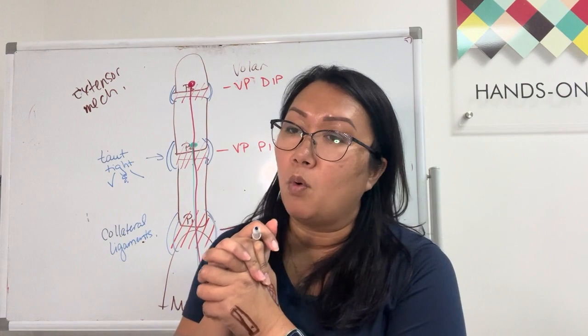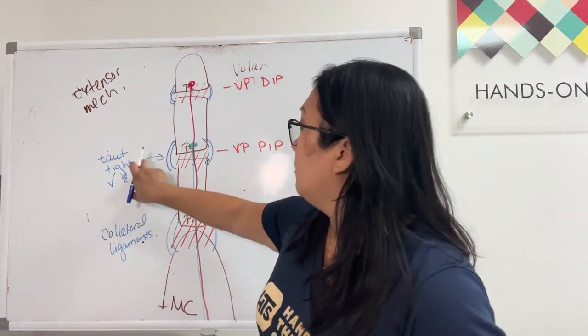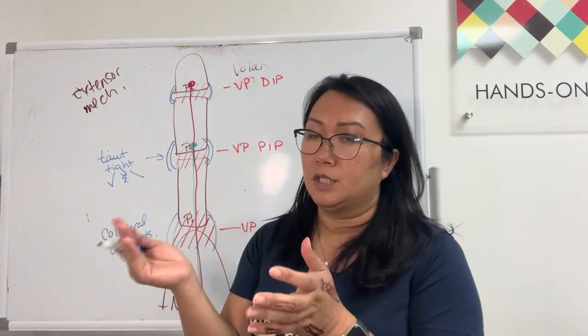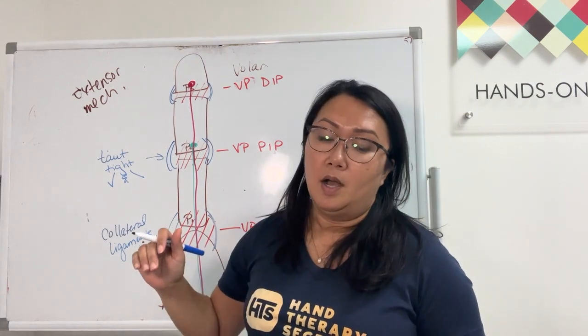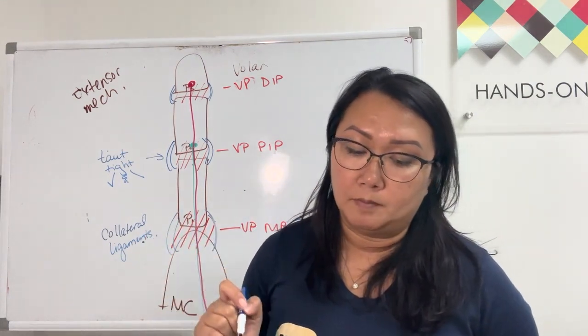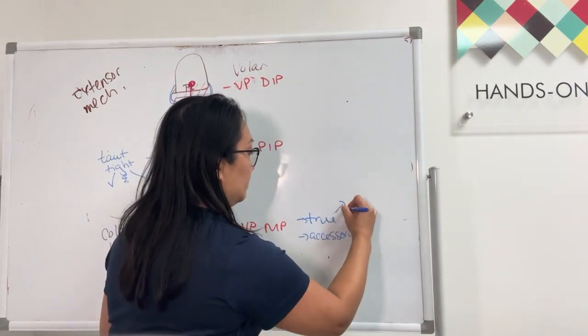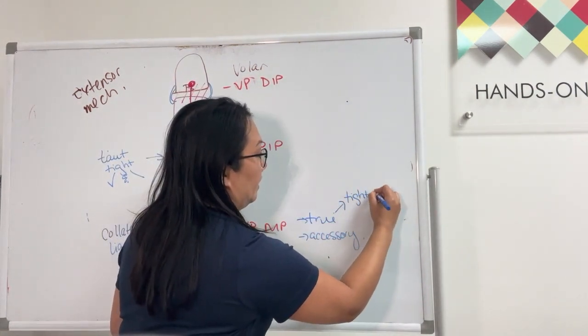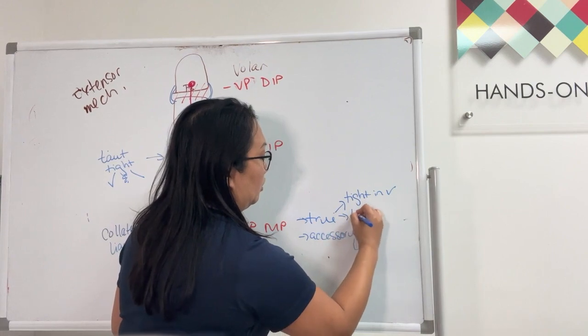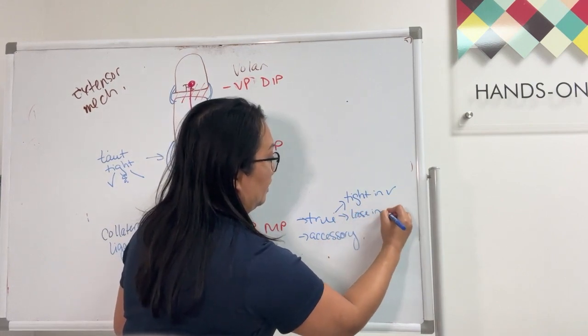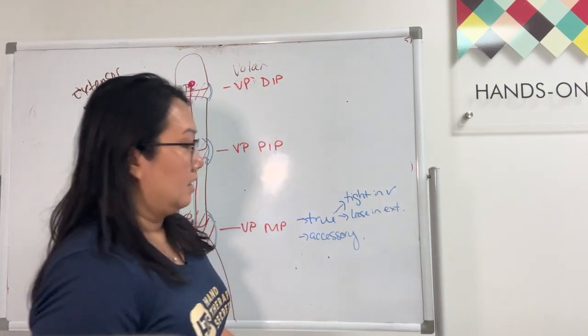And the reason why it's important is because instead of like the PIP and the DIP where they're tight in both flexion and extension, the true is loose in extension and tight in flexion. Tight in flexion, loose in extension, right?